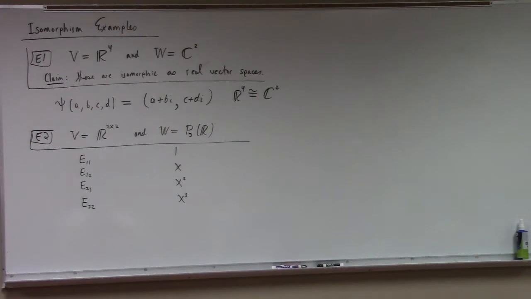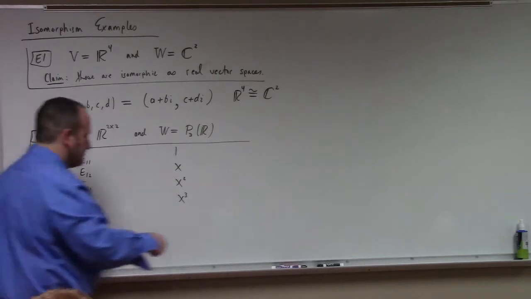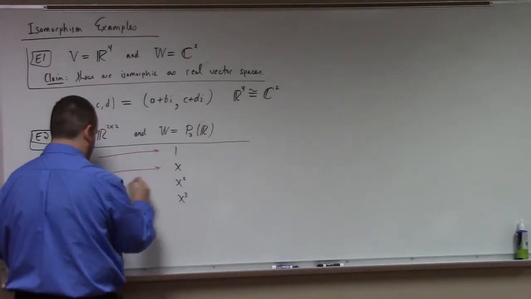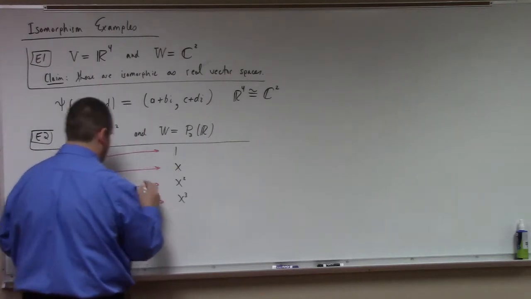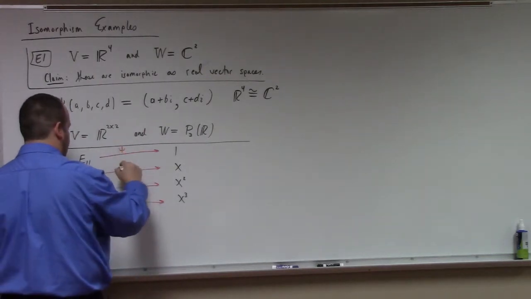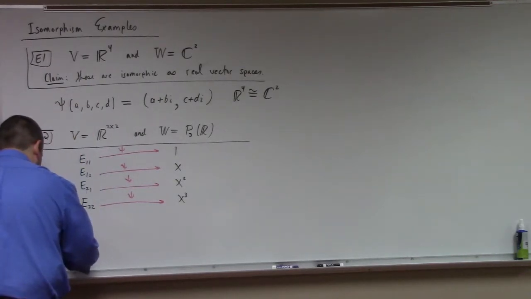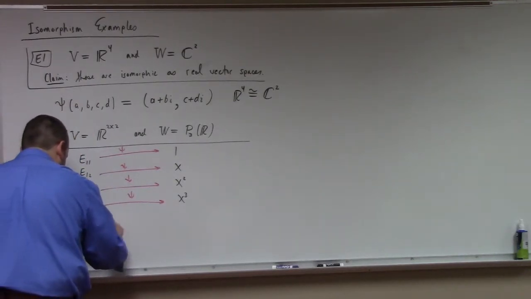And so if you define a mapping by simply transferring one basis to the other and then extending linearly, that's an isomorphism. Why is it an isomorphism? So I'm going to say, let psi do this, then extend psi linearly.